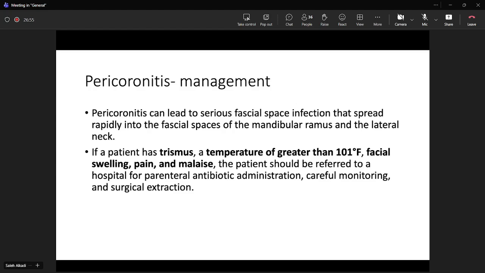There will also be high temperature, high-grade fever, above 38. There will be facial swelling. There will be severe pain and malaise. In this case, you need to refer the patient to an oral maxillofacial surgeon at the hospital, where we need to give parenteral antibiotic and monitor the patient and schedule the patient for maybe incision and drainage if needed, plus extraction of the tooth.